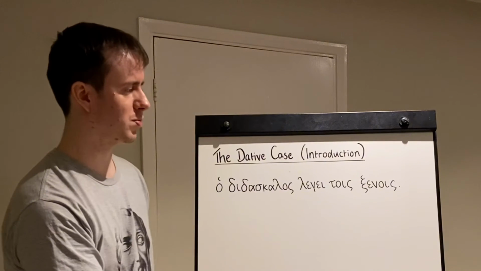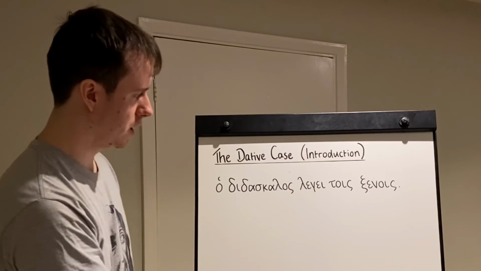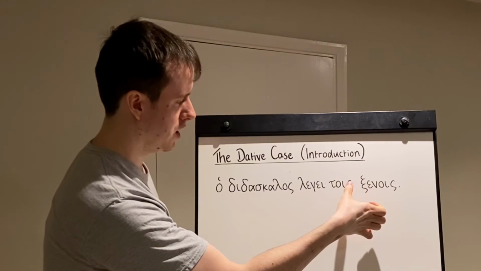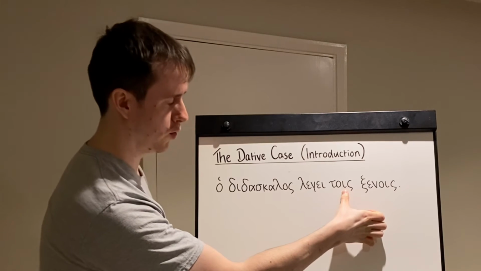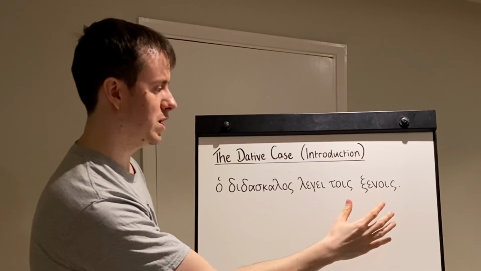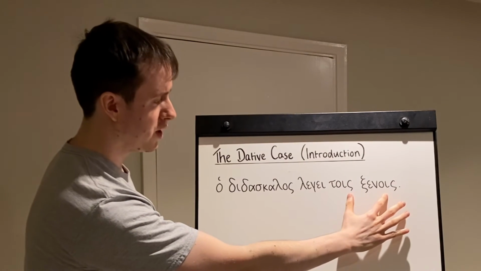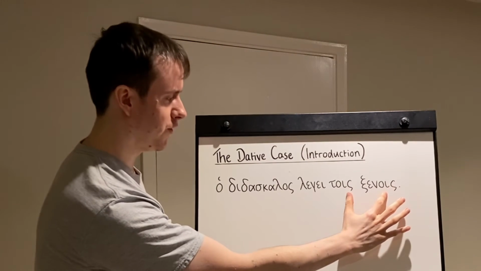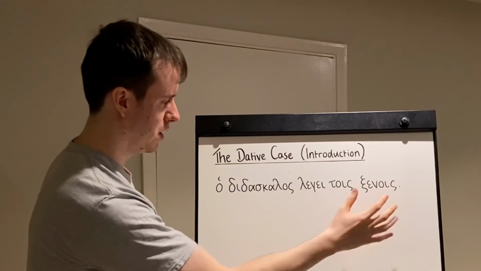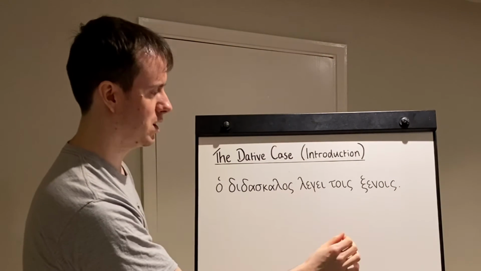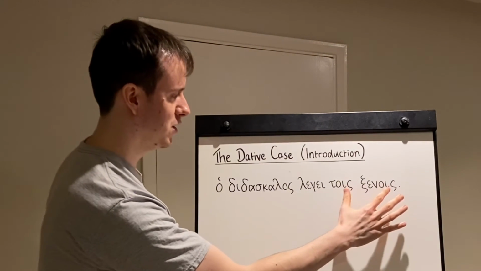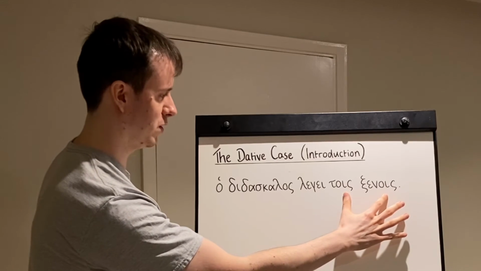We know that xenos means foreigner or stranger. Here it's going with the masculine dative plural definite article, and so we know that this is the foreigners rather than just the foreigner, and we know that it must either mean to the foreigners or for the foreigners. Because we've got a verb of speaking here, it is in all probability to the foreigners or to the strangers.